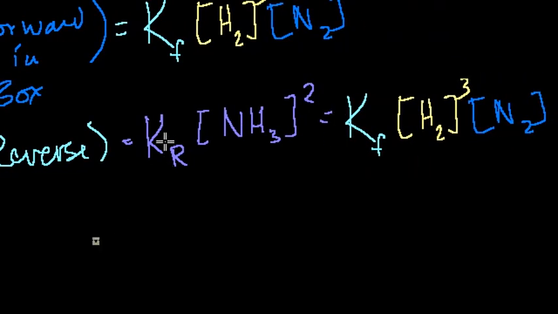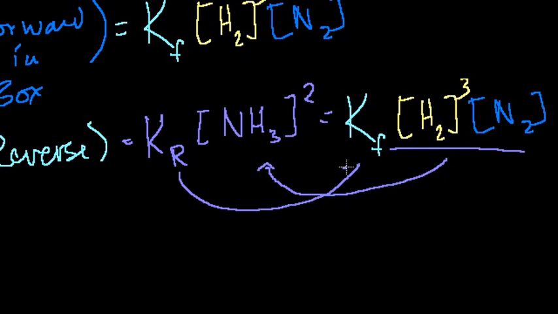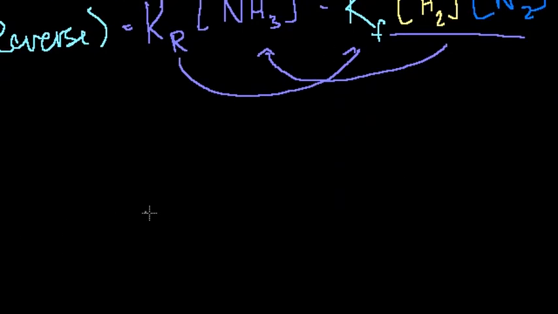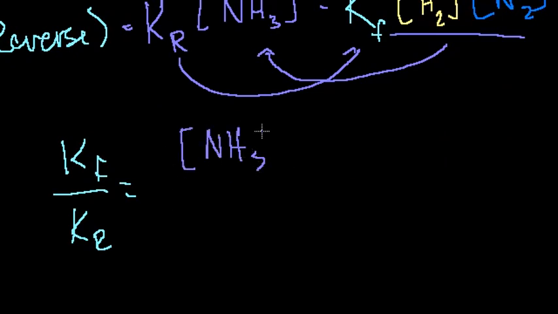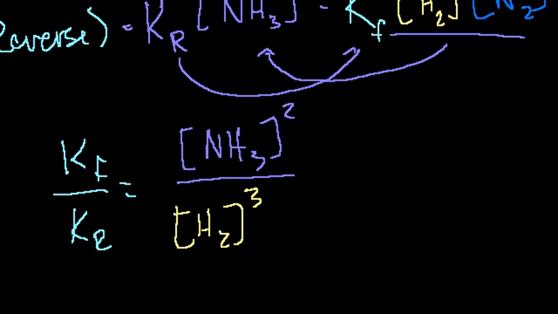And then if you set the constants equal to each other, you normally put the products on the right-hand side of the equation. So I'll take these and divide them into this, and I'll divide that into that, and you're left with Kf over Kr is equal to the concentration of ammonia to the second power divided by the concentration of hydrogen to the third power times the concentration of nitrogen.